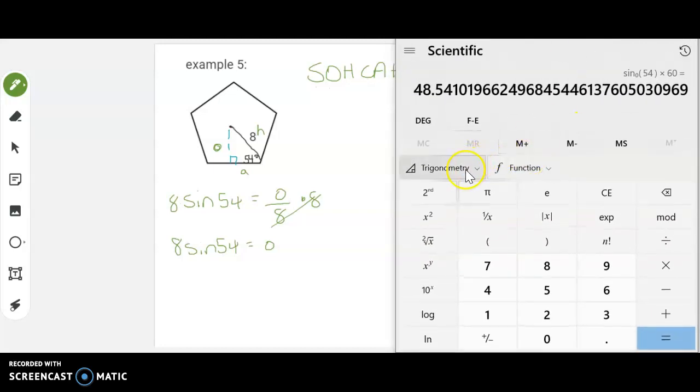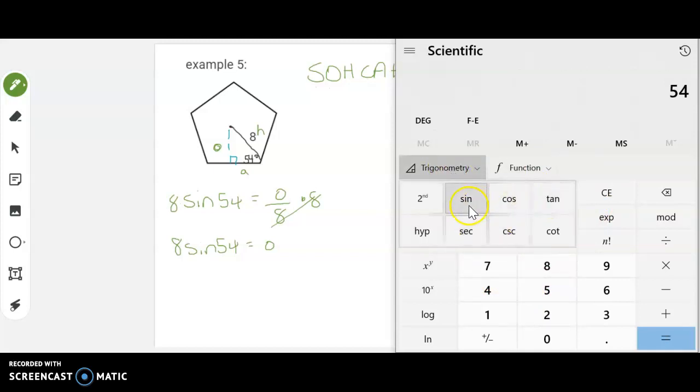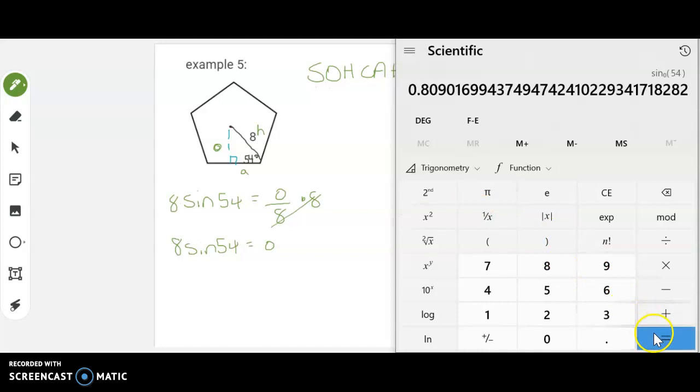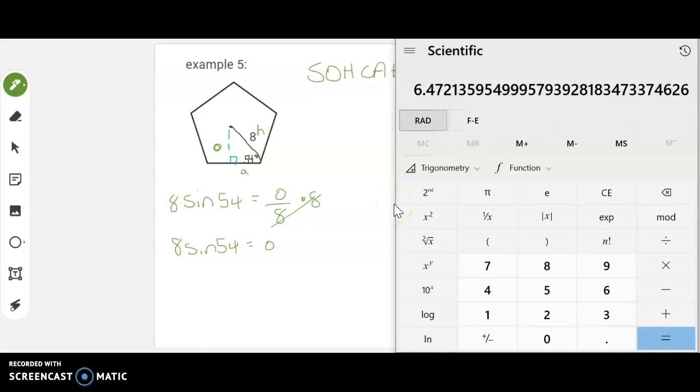This doesn't seem right to me. Okay, 54 sine, there we go, times 8. Okay, so that gives me 6.47. And am I in degree mode or radian mode? Degree mode. Okay, got to check that too.